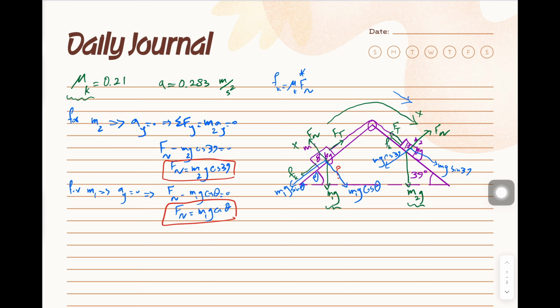Okay, now we need to calculate all the forces along the horizontal axis, which cause ax for us. So sigma Fx equals m ax, and because the masses are moving together, sigma Fx equals m total ax. Now I have to consider all forces along the horizontal axis.